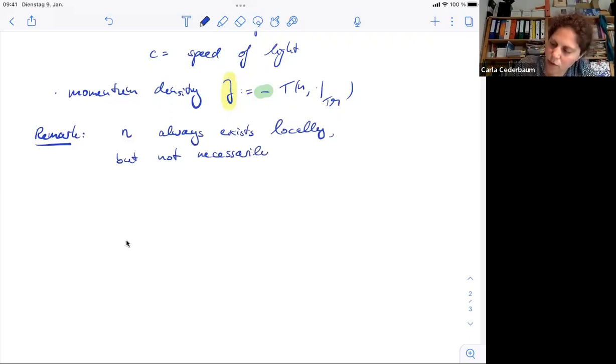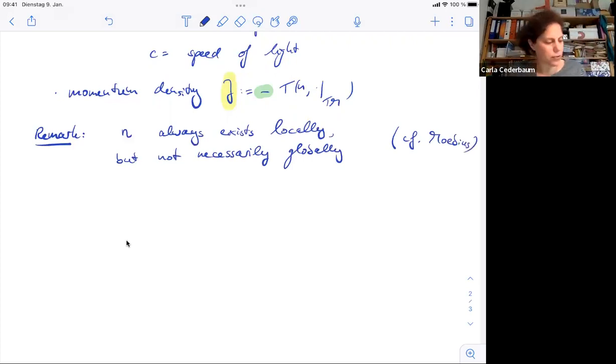You know this from the Möbius strip, for example, that it's not possible for every hypersurface to have a global unit normal vector field. Compare the Möbius example. I presume you're all aware of that, otherwise I'll be happy to explain if someone has an explicit question about it.